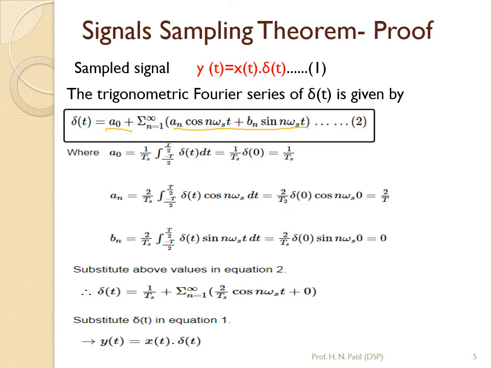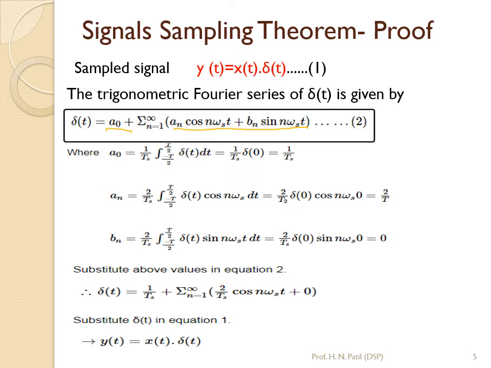Here, a0, an and bn are the three coefficients which we are defining. So a0 is given as 1 upon Ts times the integration from minus Ts by 2 to plus Ts by 2 of delta of t dt. Now we know that as it is an impulse, it exists at t is equal to 0 only. So let us put t is equal to 0 here, and we get 1 upon Ts.